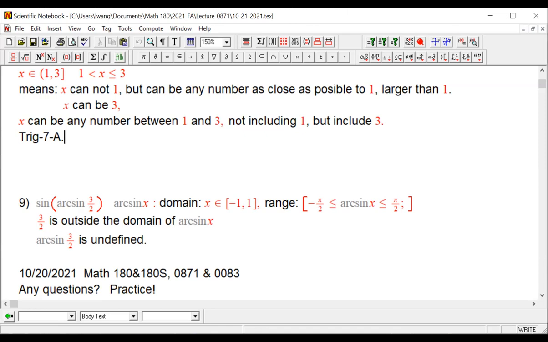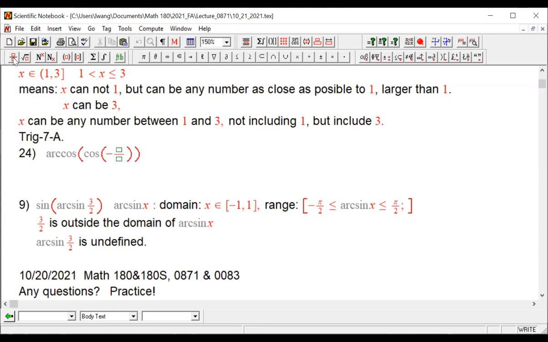For example, take number 24, I'm just picking some questions randomly. Arc cosine of negative 5 pi over 6.